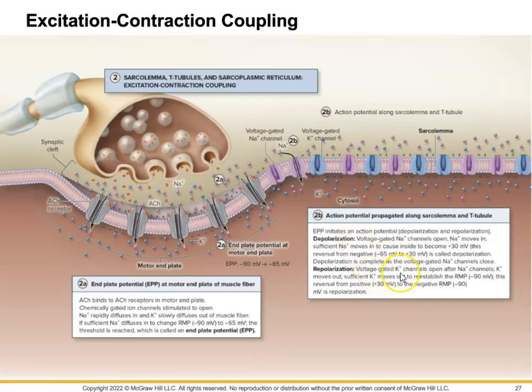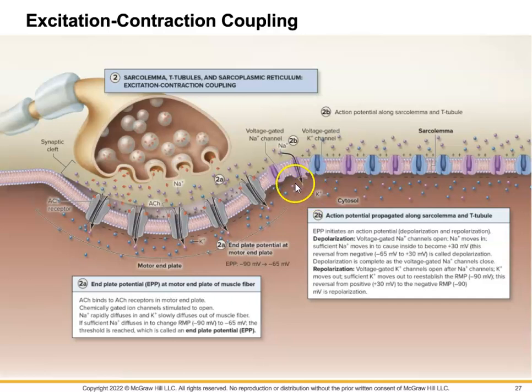Voltage-gated potassium channels open after the sodium channels. That starts pushing potassium out. So it's slowly bringing the inside of the cell back to more negative. But now we've also got to start pumping out more sodium. So we pump out more sodium, pump in more potassium.